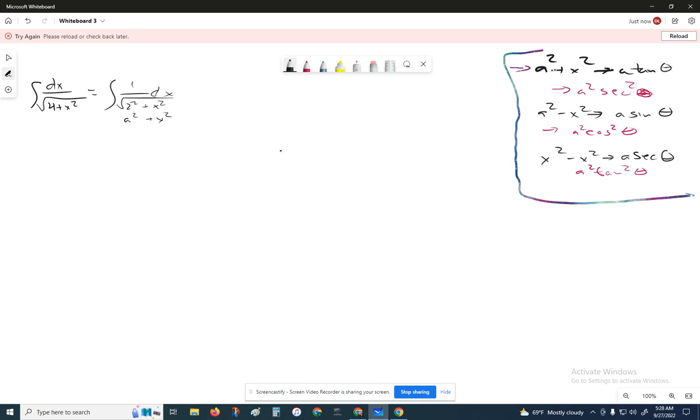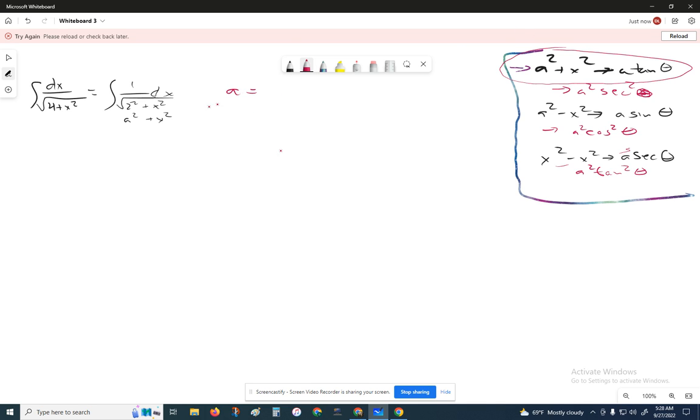That's going to be this one right here. And I'm going to do this the long way. We've got a squared plus x squared. We're going to use this one right there.